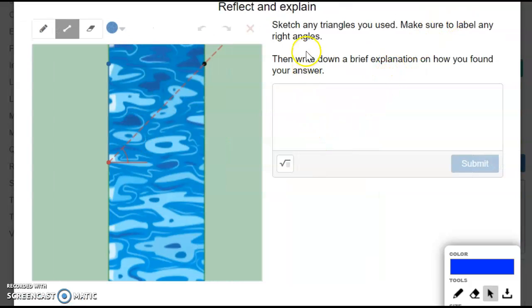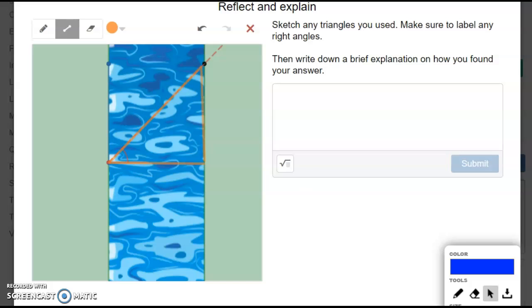All right, then, okay, sketch your triangle you use. So this looks like a much better triangle because it does look like a 45 degree. Okay, so what I did was I drew, this was 45 degrees, and then I drew a line directly across, and then I drew a line from here to there.